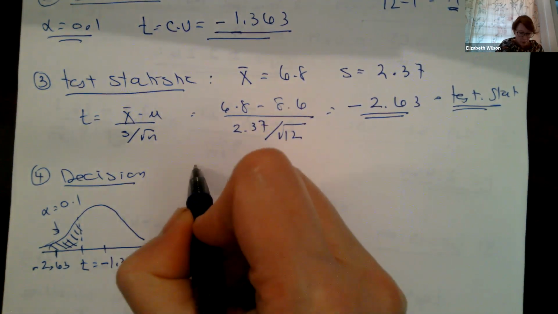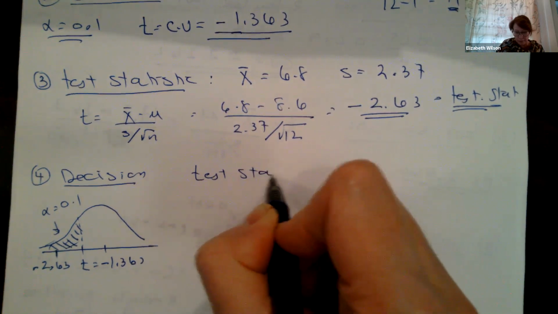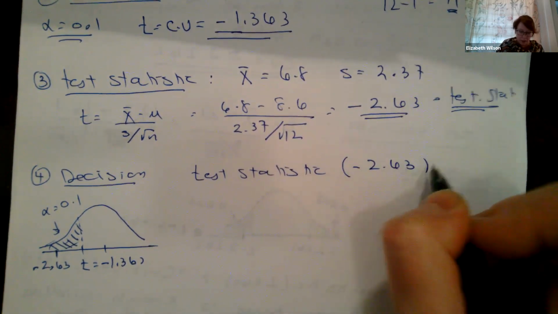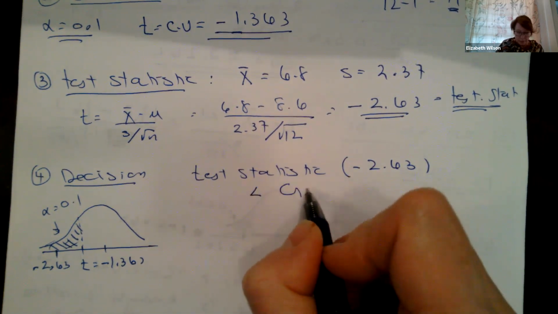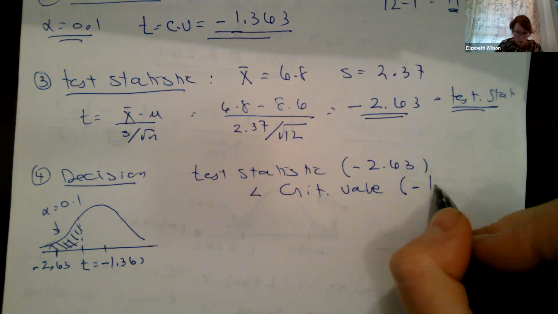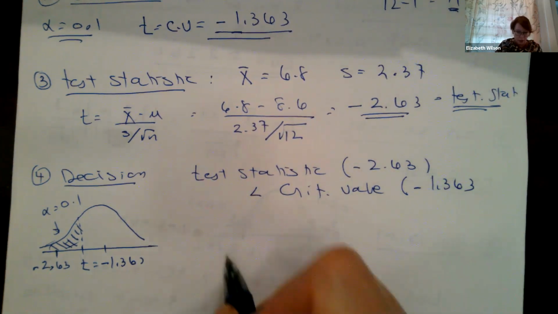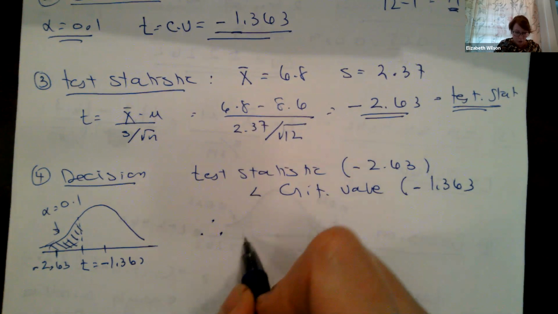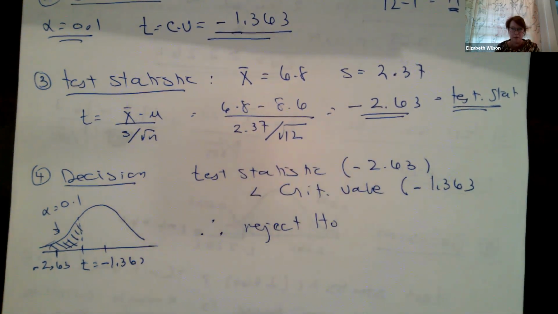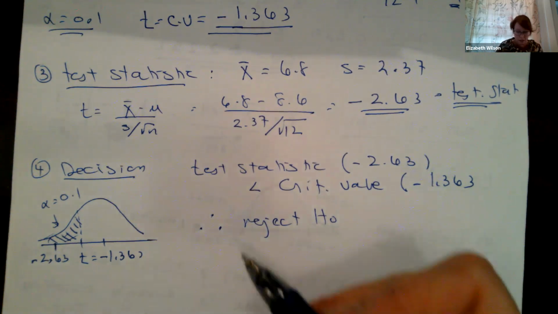Okay, so it's going to help us. We're going to say our test statistic, which is minus 2.63, is less than our critical value, which is minus 1.363, which means it's in our critical region, which means I can reject our null hypothesis. So I can conclude that the yoga did something maybe.